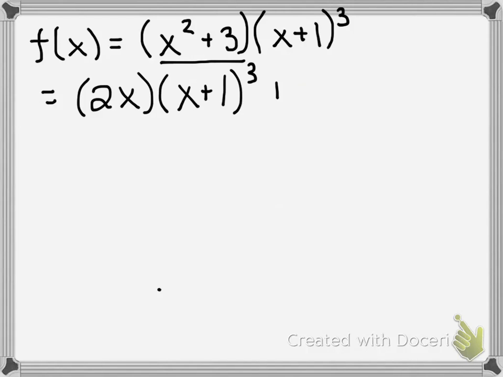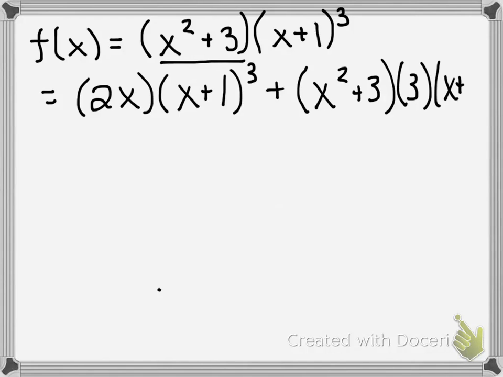Okay, and then we add the first function times the derivative of the second function. So that's 3 times x plus 1 squared. You need to check for the chain rule. Over here, when we were taking the derivative, there were no issues on the 2x, and inside the parentheses, the derivative of x plus 1 is just 1, so that's not going to change your problem at all.